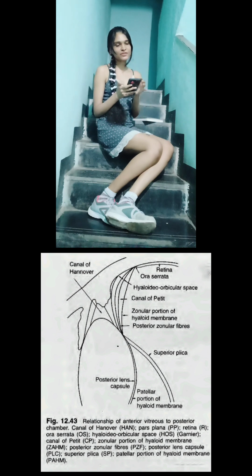So there is the retina, there is the ora serrata. These are the zonules, anterior and posterior, and the Canal of Petit in between the hyaloid zonules and the post-equatorial zonules. The Canal of Hannover is between the anterior and posterior zonules, that is pre-equatorial and post-equatorial zonules.